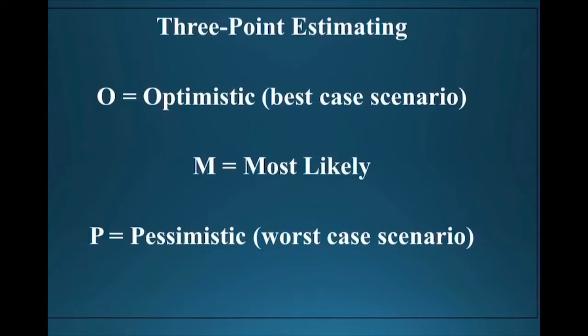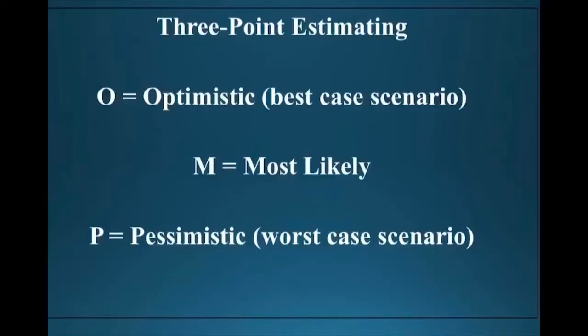So why do we bother taking into account the best case scenario, the one that happens most frequently, and the worst case scenario? We take those three into account because we want to account for a chance of getting a good case scenario estimate, and a situation in which we end up having to pay more money.